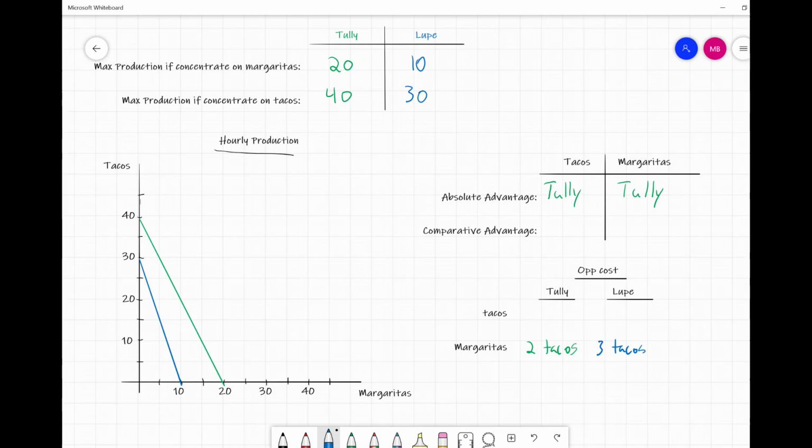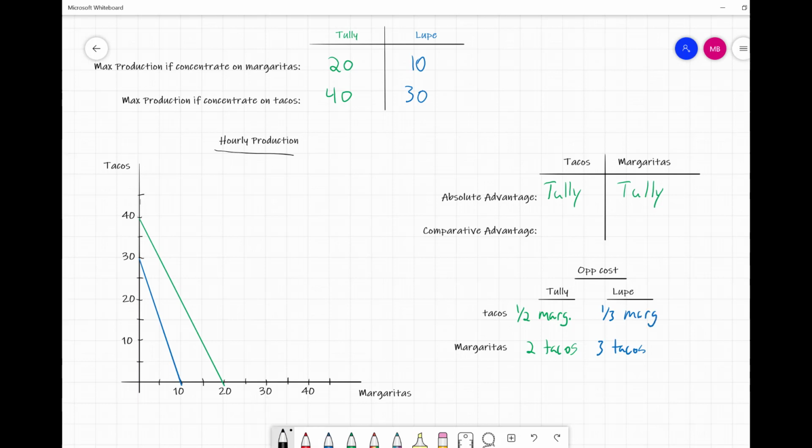And we've already calculated the opportunity cost with respect to margaritas, so it's pretty quick here. Oops, let's make sure we get the right color here. So Tully's green, so the opportunity cost for tacos is a half of a margarita. And for Lupe, if her opportunity cost of 1 margarita is 3 tacos, then her opportunity cost of 1 taco is a third of a margarita.